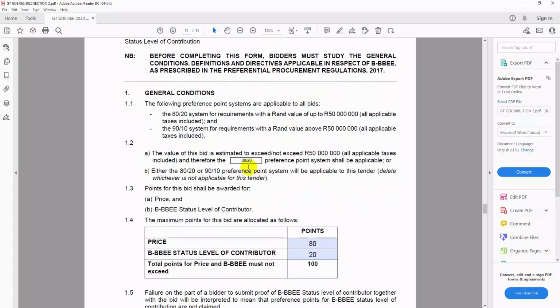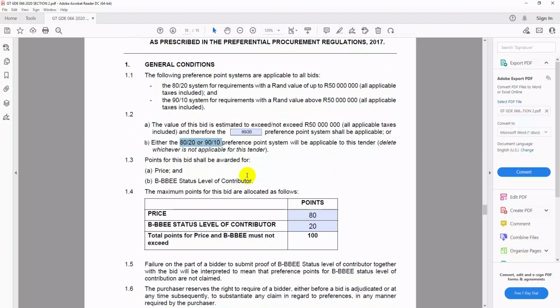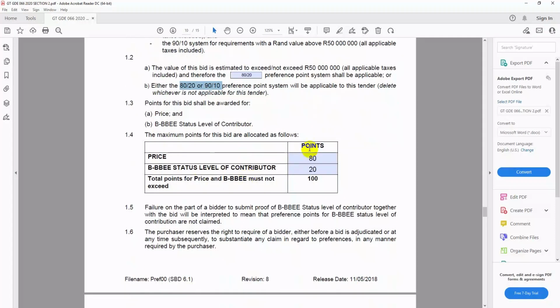Either the 80-20 or 90-10, but here they need to choose one. They can't use both, so they choose one. And here is that story again. For price, they say it's 80 points. For BEE, it's 20 points. The total under this stage of evaluation is 100 points.